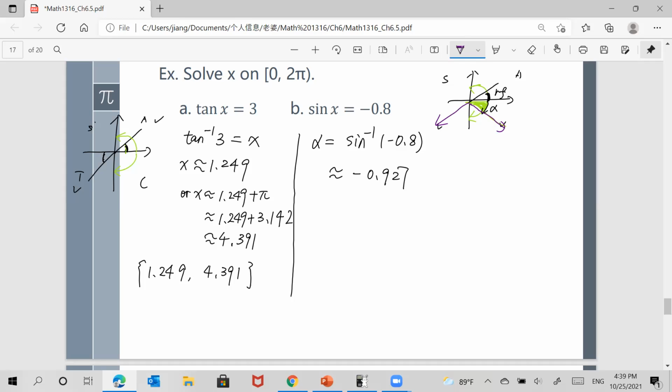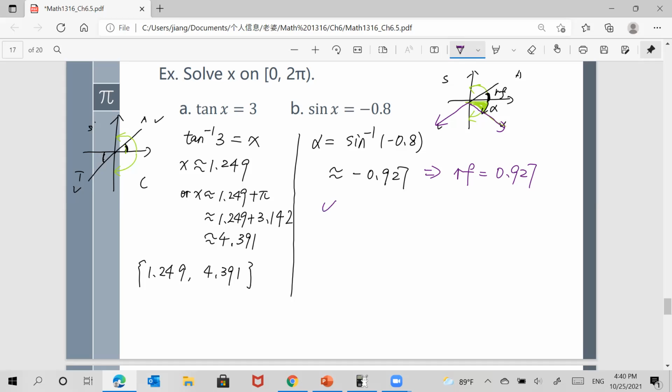If I know the reference angle, 0.927, positive, I can find the angle here. What is the angle from here to here? Is that pi plus the reference angle 0.927?